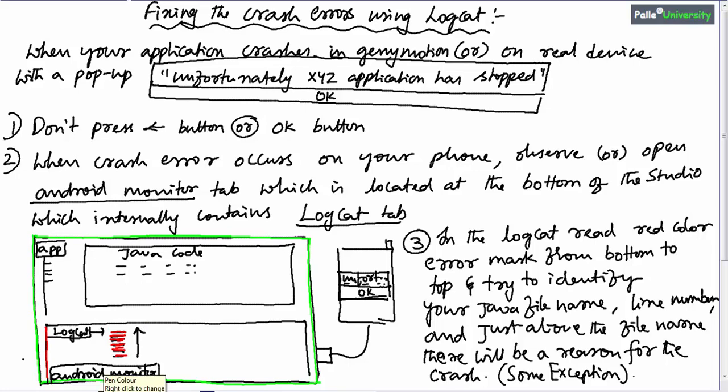In this third point, 3 things are very important. While observing the Logcat red color error marks, first you have to identify the file name, line number and the reason for the crash, that is, the exception name. Only if you observe these 3 things can you fix the problem. But you have to be careful when you are looking for the exception name.